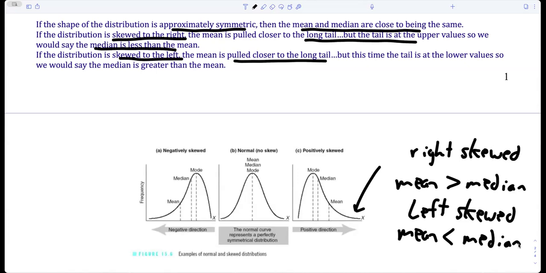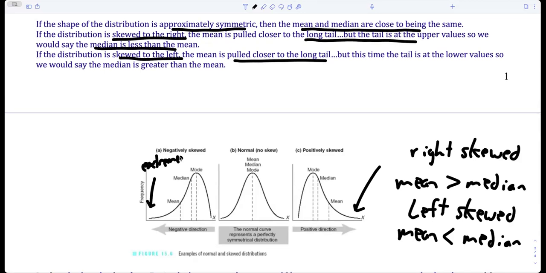Okay, in a left skewed distribution, I have extreme values over here on the left. And since the mean is pulled this way towards those extreme values, then it is going to be less than the median. Okay. Questions?